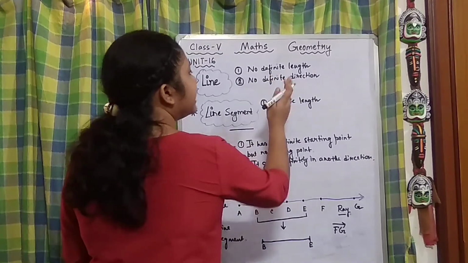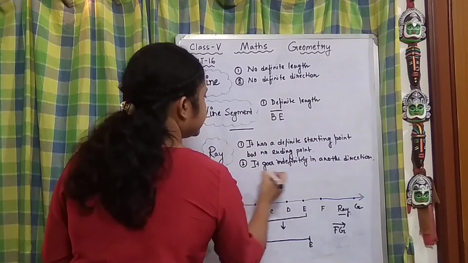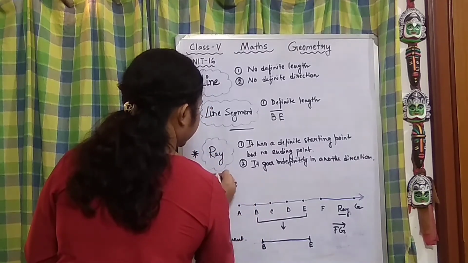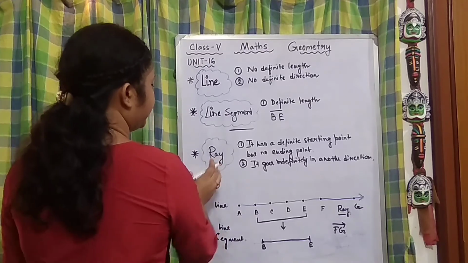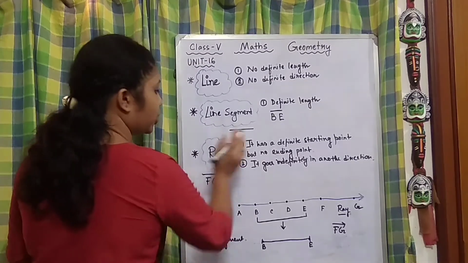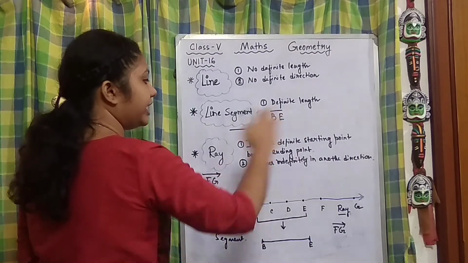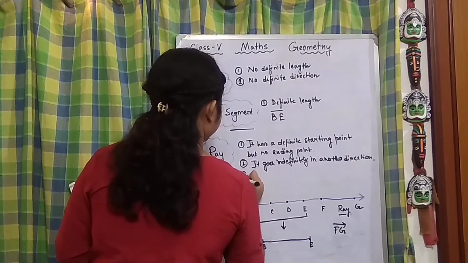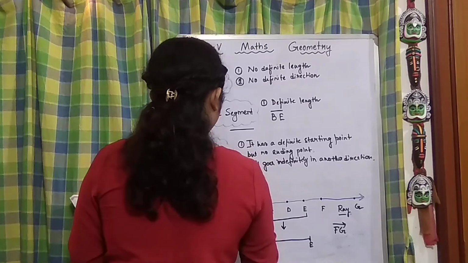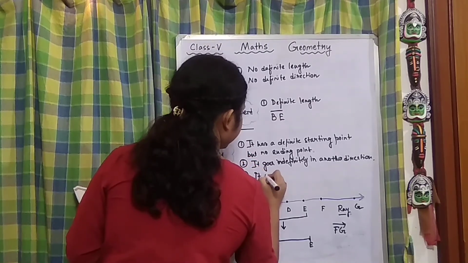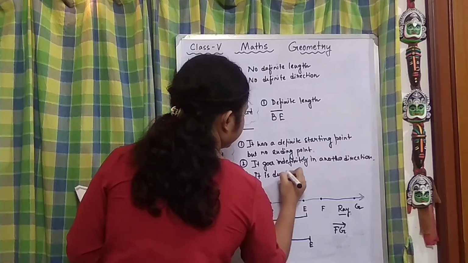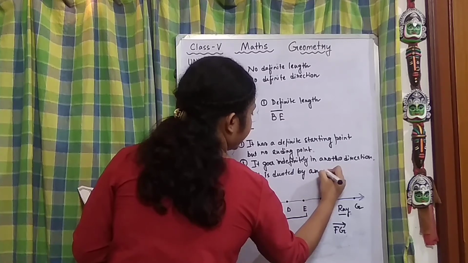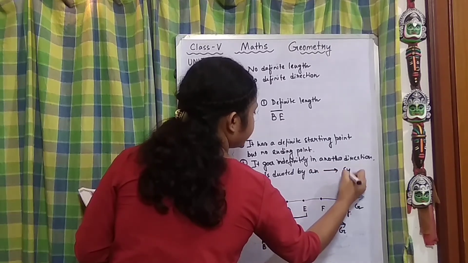That means it's a line segment. Whereas in this case, for a ray, that is F, G, and there is an arrow on the top, that means it has a starting point but no ending point. That means it's going indefinitely in a direction. It is denoted by an arrow symbol.